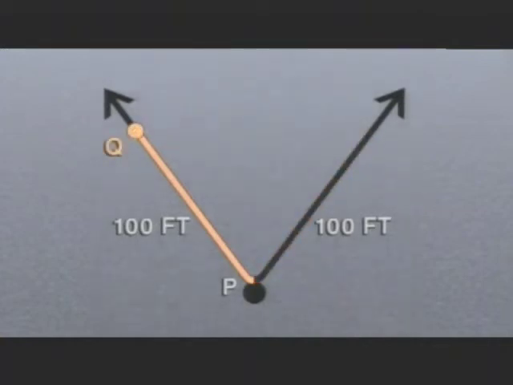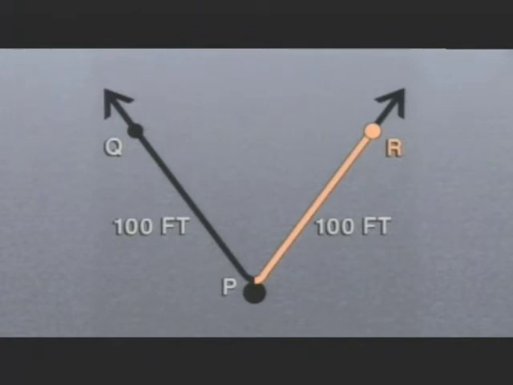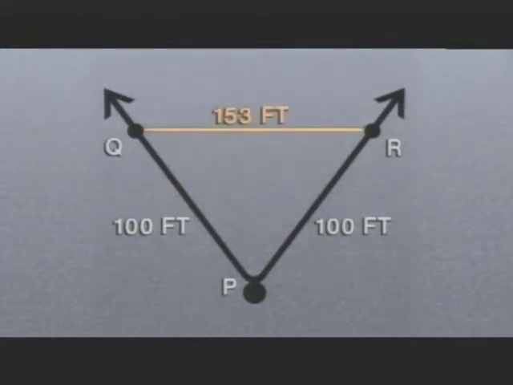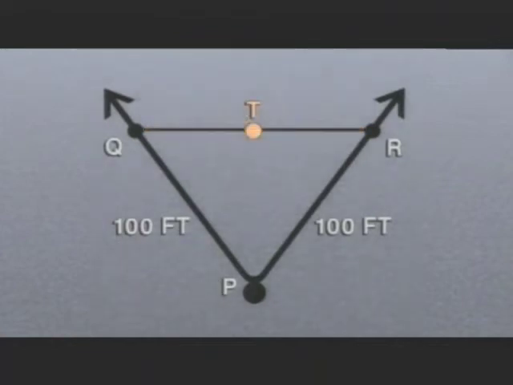We'll label the point 100 feet from the corner pole in span A, Q, and the point 100 feet from the corner pole in span B, R. Once these measurements are made, the distance between points Q and R is measured. That distance is 153 feet. Next, the distance of 153 feet is divided in half to determine the halfway point between Q and R. The halfway point is labeled T.